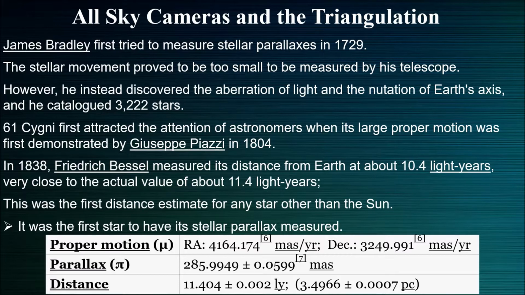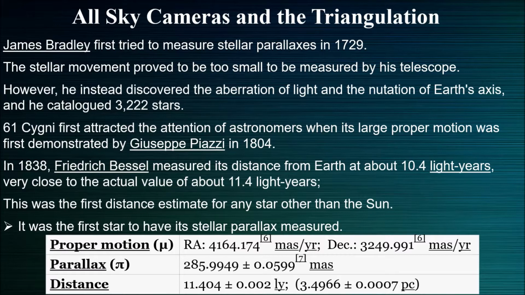61 Cygni turned out to be a fairly important star. It's only just about visible to the naked eye. Obviously, with telescopes at that time, it was more easily visible. But it had attracted the attention of astronomers around the world at that time because it had a very large proper motion, in other words, its motion against background stars.